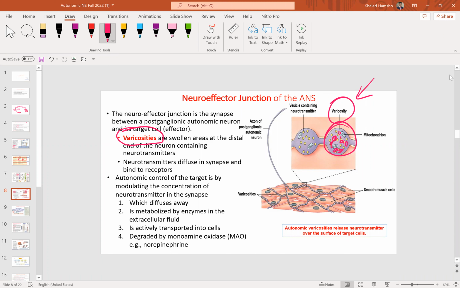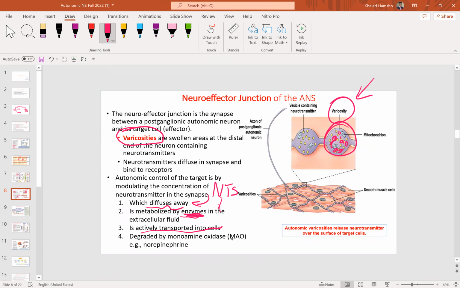And then finally, after the neurotransmitters are in the synapse, this is how it goes away. It might diffuse away. It might be metabolized by enzymes. It could be retaken by the cell, or it can be degraded. So there are 4 things that could happen to the neurotransmitter after it's released. Remember when we talked about the synapse, how it releases acetylcholine or norepinephrine?